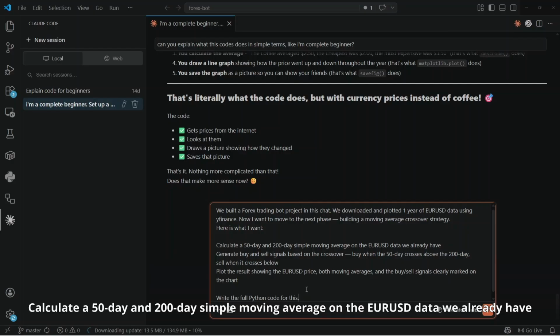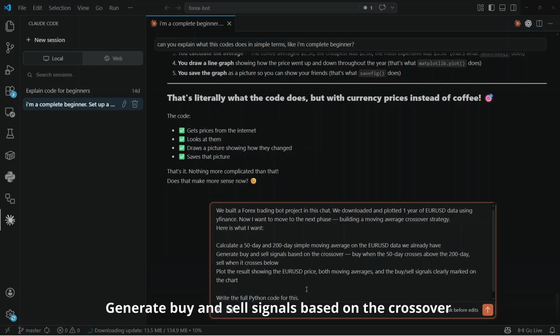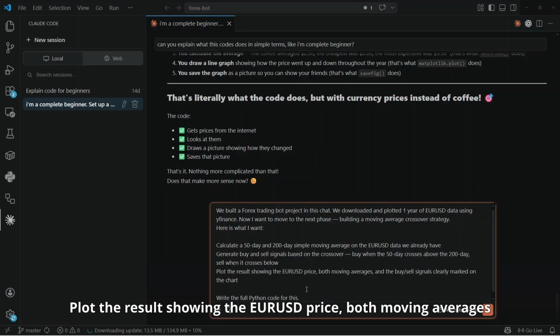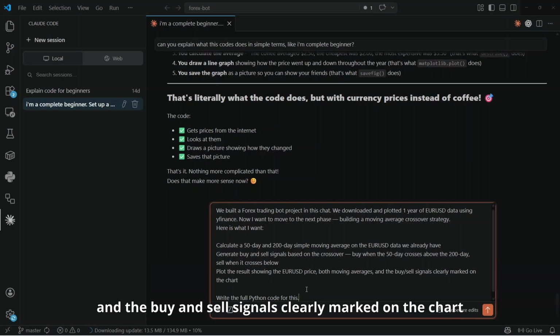Calculate a 50-day and 200-day simple moving average on the EURUSD data we already have. Generate buy and sell signals based on the crossover. Buy when the 50-day crosses above the 200-day, sell when it crosses below. Plot the result showing the EURUSD price, both moving averages and the buy and sell signals clearly marked on the chart.